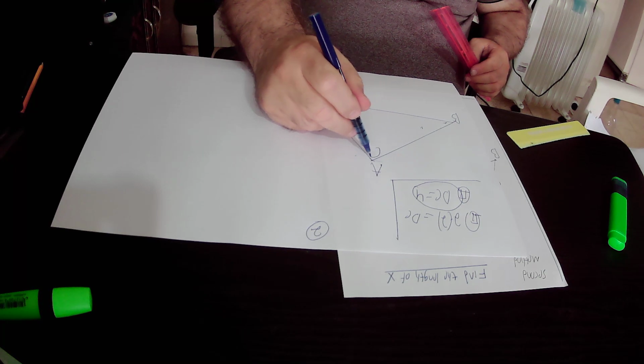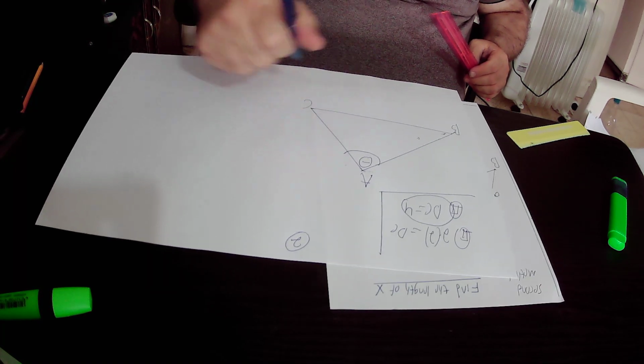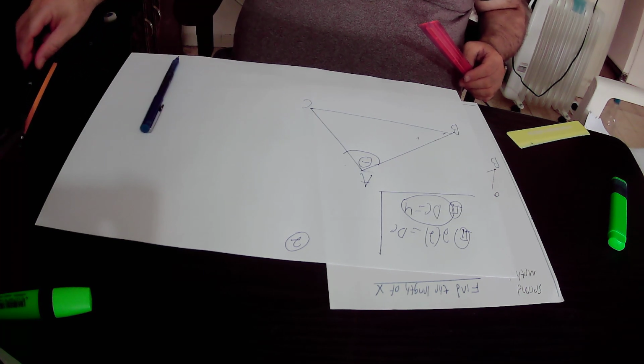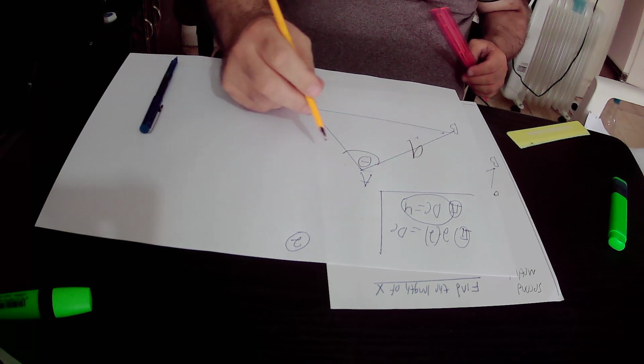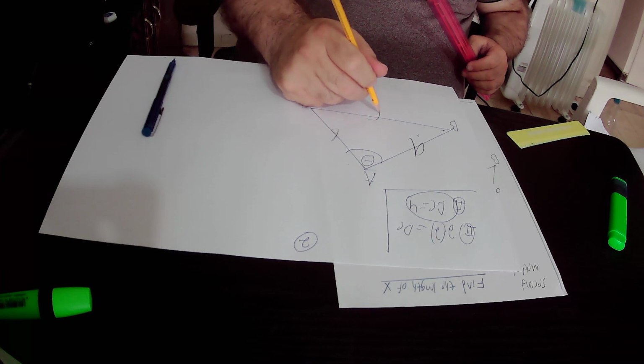This is angle theta. Side AB of triangle ABC equals A units in its length. Side AC equals B units in its length. And side BC equals C units in its length.